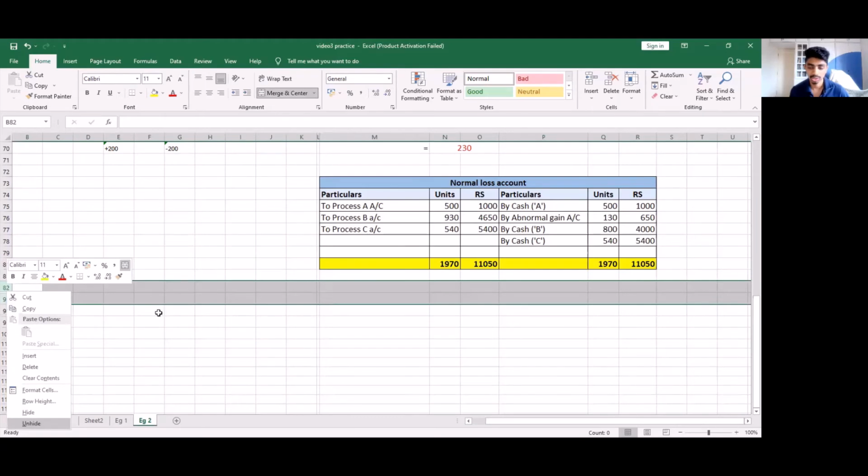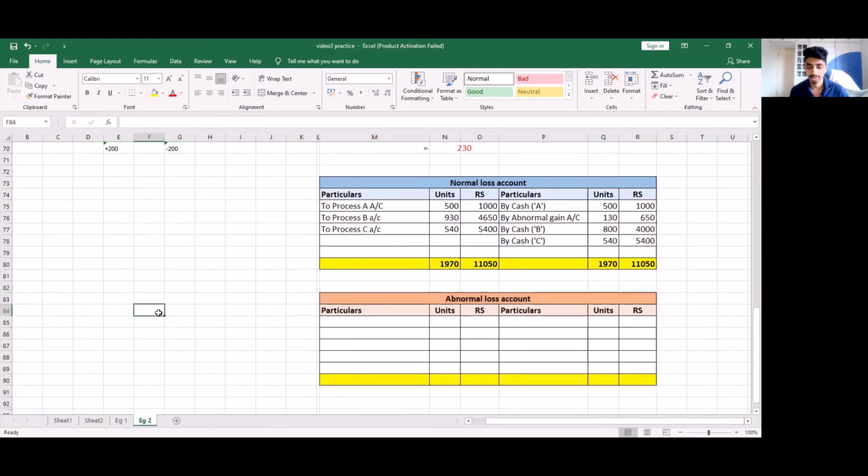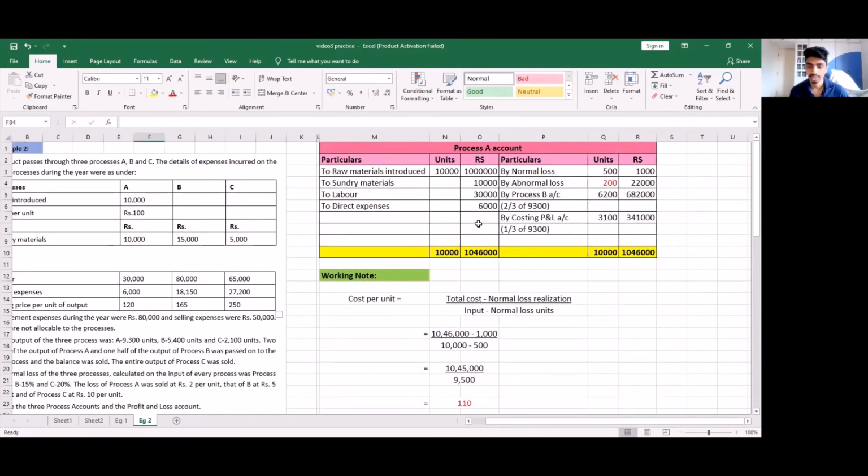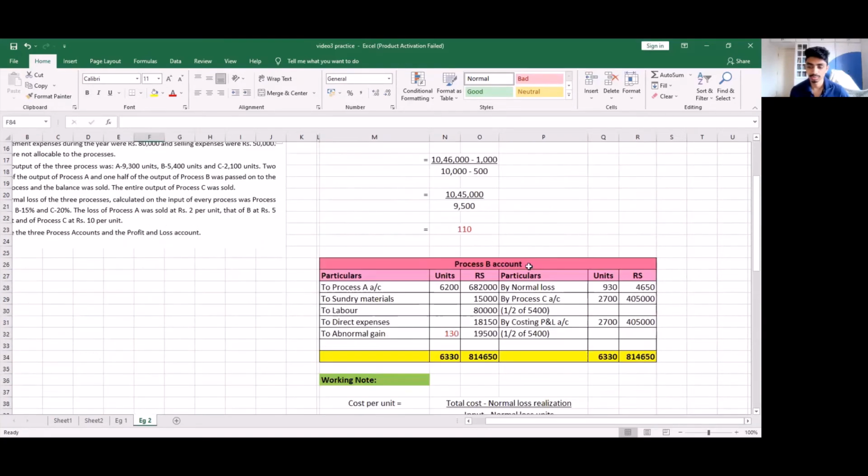Now our abnormal loss account has the same format, which is particulars, units, rupees, particulars, units, rupees. So first, let's transfer our abnormal loss from process A and process C. So from process A, we have an abnormal loss of 200 units valued at 22,000.